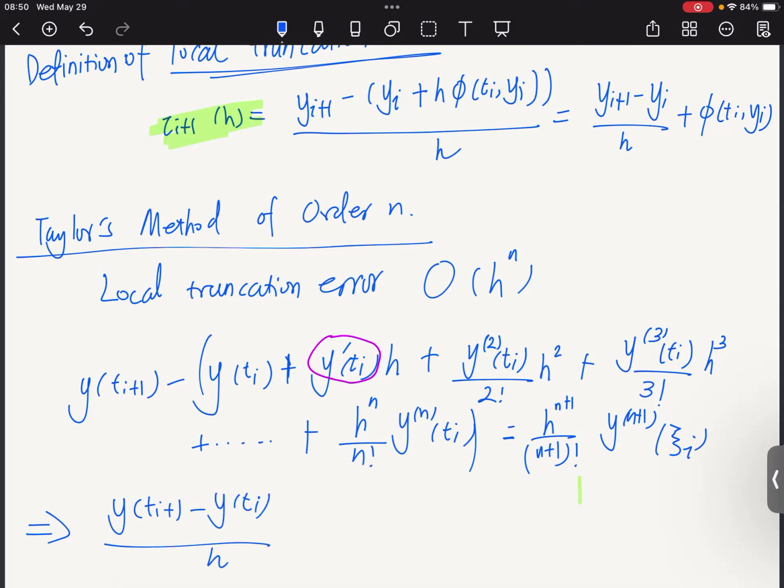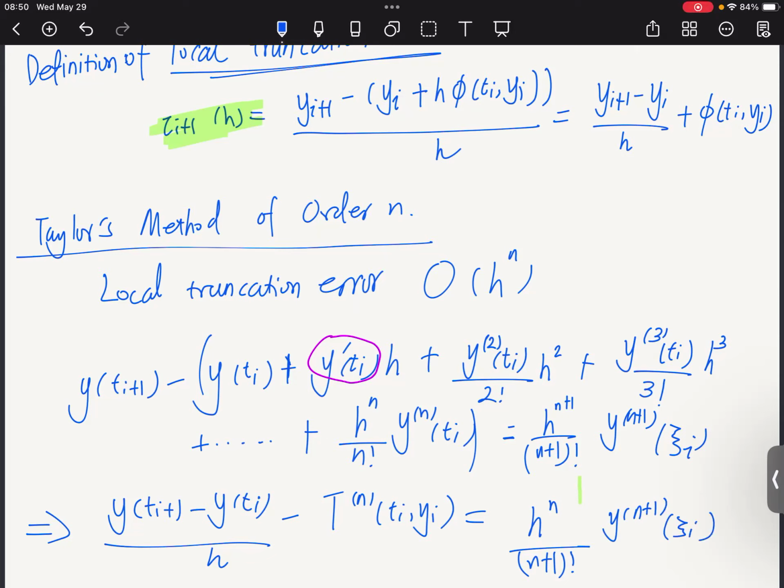And the rest of it, this expression here, is just the T^n(t_i, y_i) expression, which I have already defined before. And on the right hand side, if we divide both sides by h, you will see this one is h^n, this one is (n+1) factorial, and this one is the (n+1)th derivative, y^(n+1)(c_i).